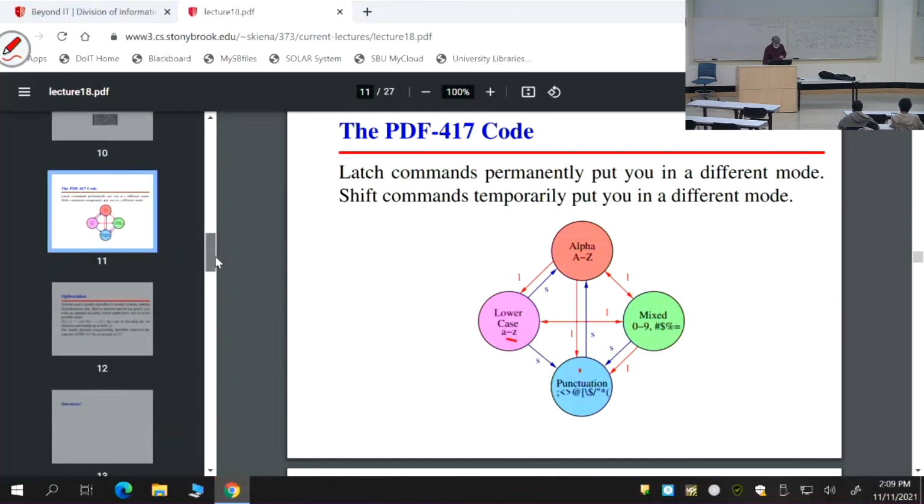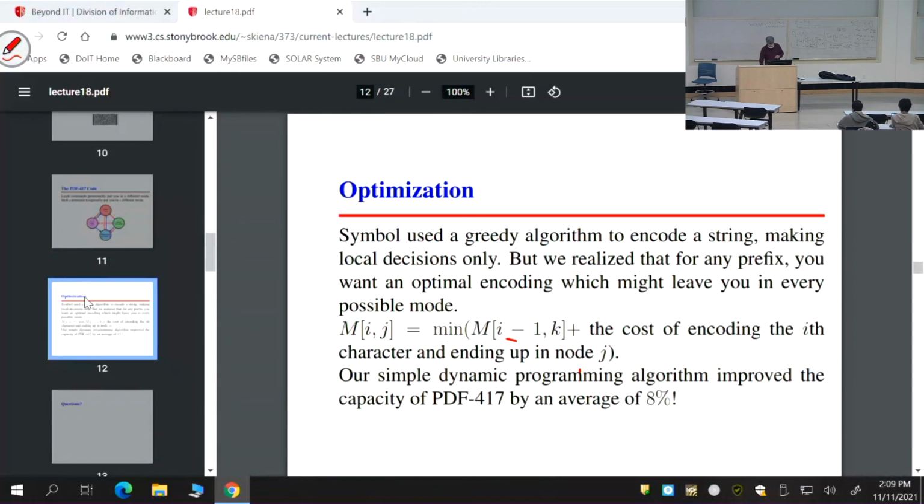So what is the problem that we use dynamic programming for? The question is, if you've got all these complicated ways to type out a message, you could shift here, you could latch here. Latching makes sense if you're going to use it enough later on. How do you know? Okay? They originally had an algorithm that just kind of made guesses and stuff like that. But when they told me about this, I said, wait a second.